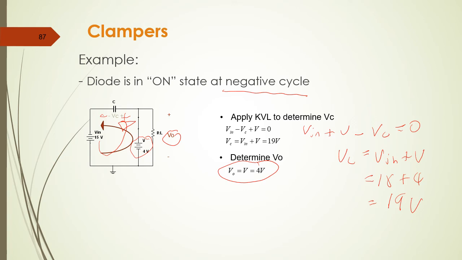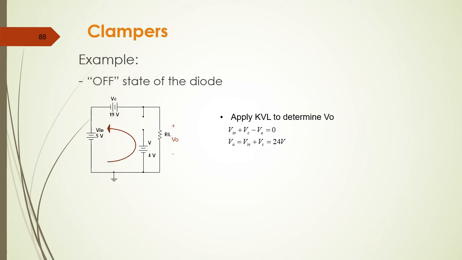How about the positive cycle? The diode is in off state when it is in positive cycle. So again, anti-clockwise here, we apply KVL, we will have V in minus V out plus VC equals 0.